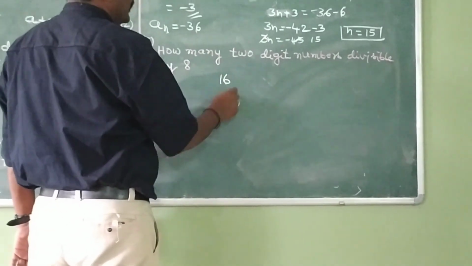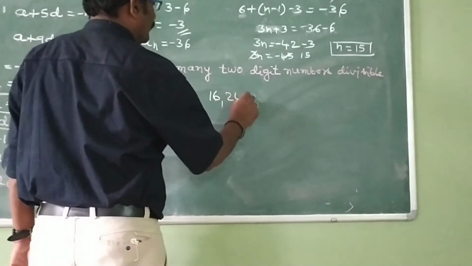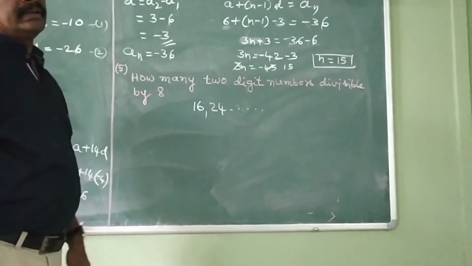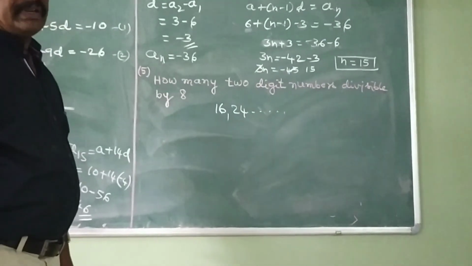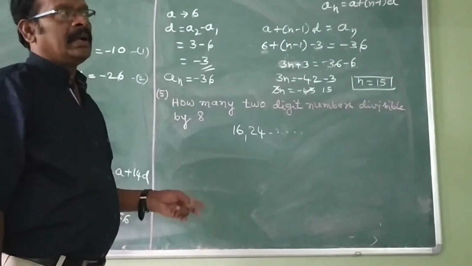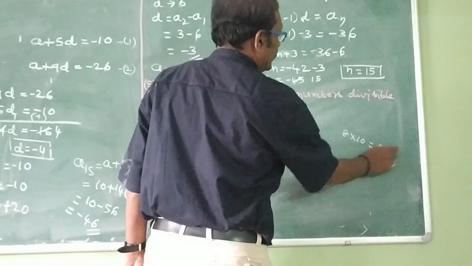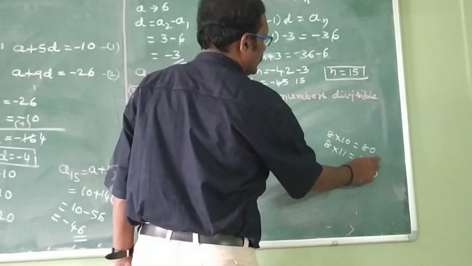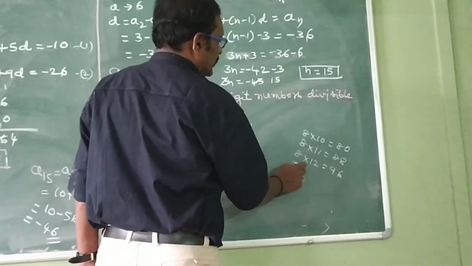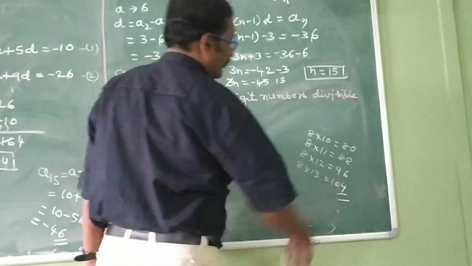Start from 16, then 8 threes are 24, like that. 8 eights are 64, 8 nines are 72, 8 tens are 80, 8 elevens are 88, 8 twelves are 96.